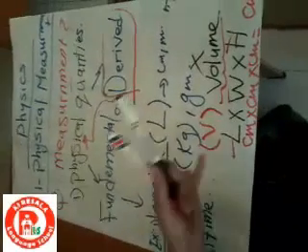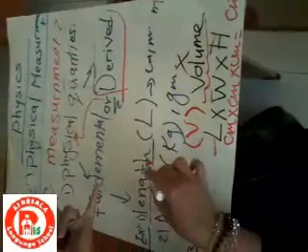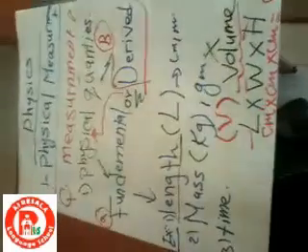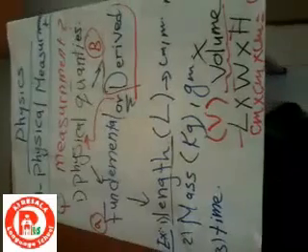Like the volume, I refer or return to another physical quantity to measure the volume of an object. This is the difference between the fundamental physical quantity and the derived. You have to know the meaning and the examples of each of them.